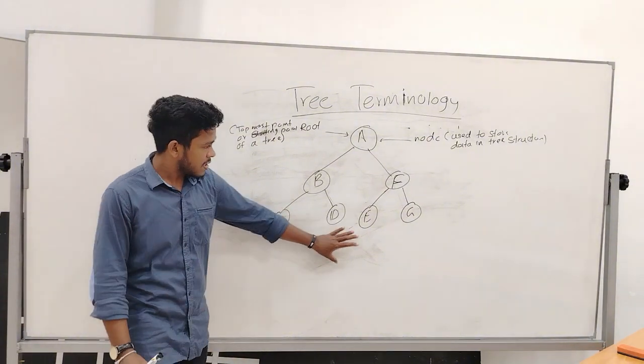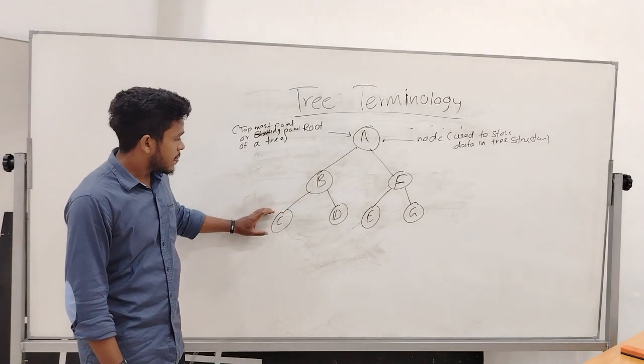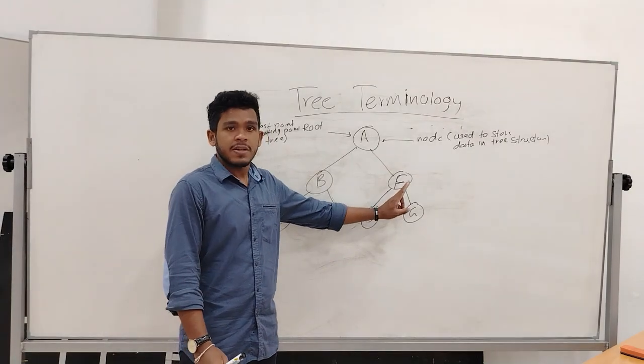So in this structure, B is a parent node because it has child nodes, and F is a parent node.